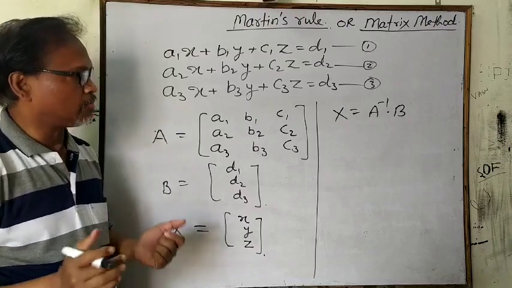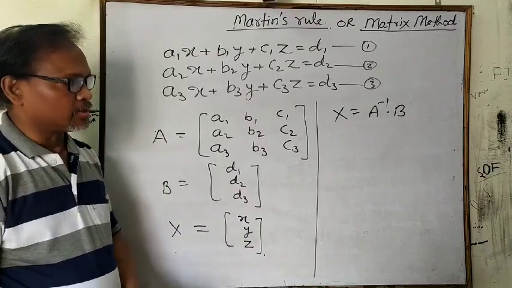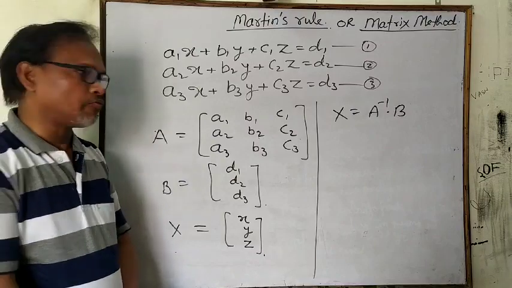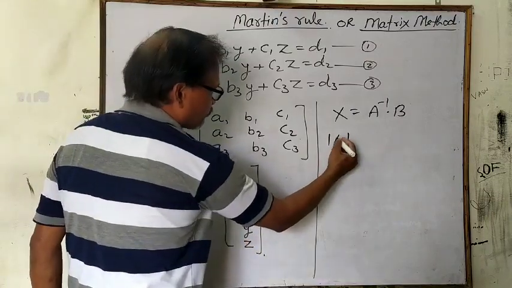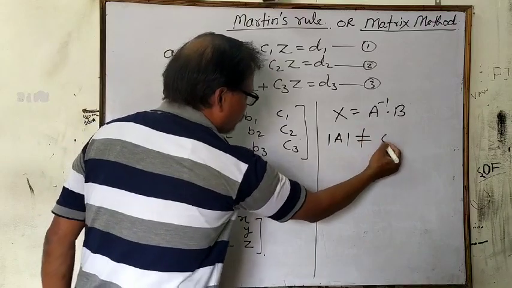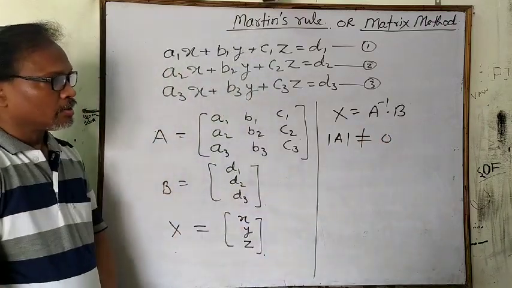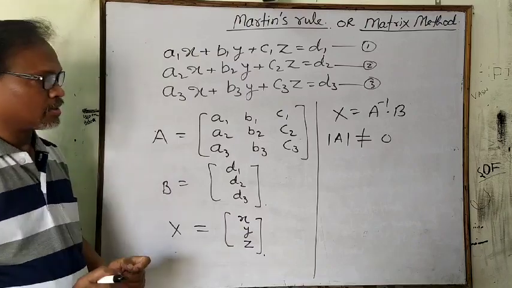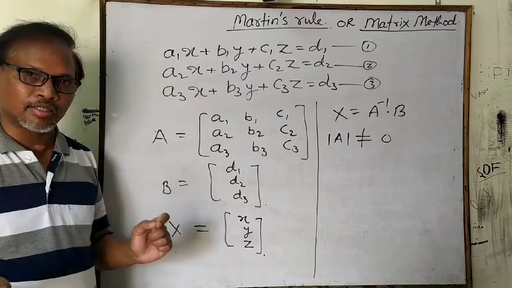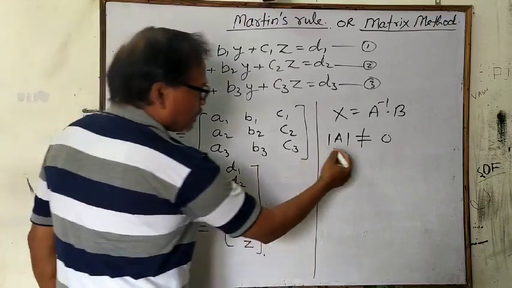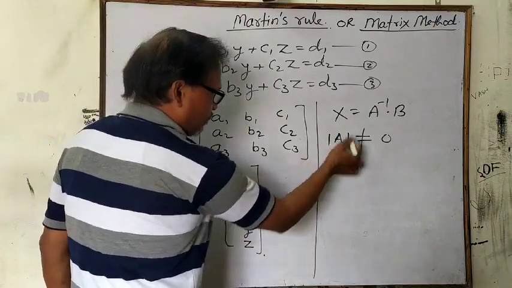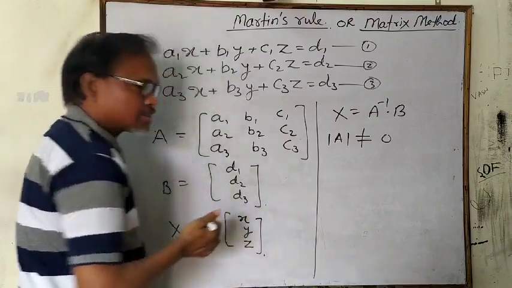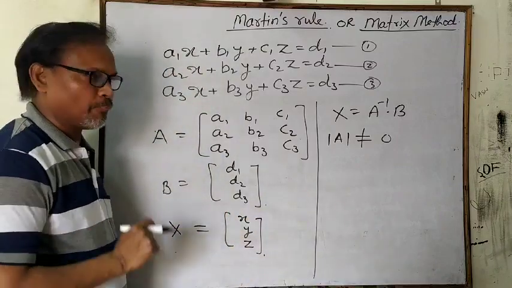A inverse means inverse of the matrix A. As you have read in the previous exercises, A inverse only exists when the modulus of the matrix is not equal to 0. Not equal to 0 means you will get a number other than 0. If the modulus of A is not equal to 0, it is called a non-singular matrix.